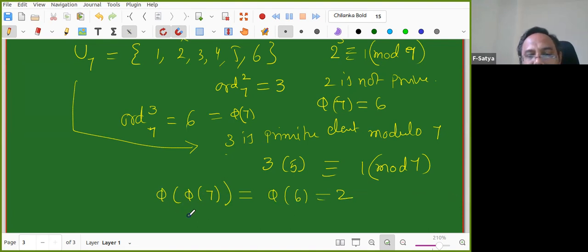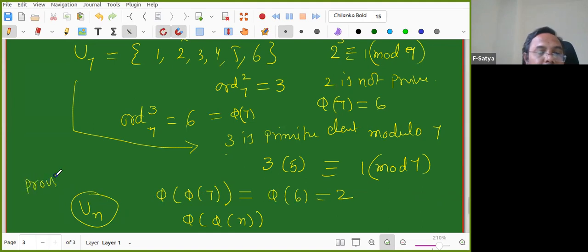The number of generators is phi of n in general for U_n, provided U_n has a generator, meaning U_n is cyclic or a primitive root exists first. Otherwise, no. This number may be positive, but there are no primitive roots at all. So we will talk about this only when there is already a primitive root modulo n.